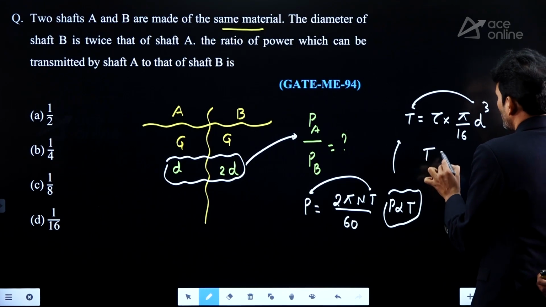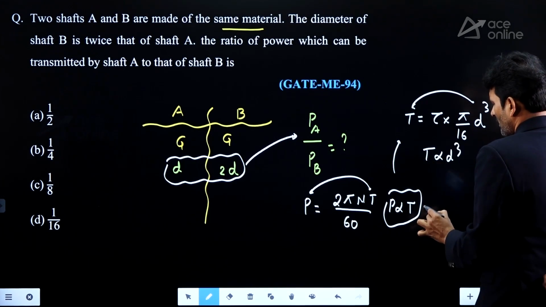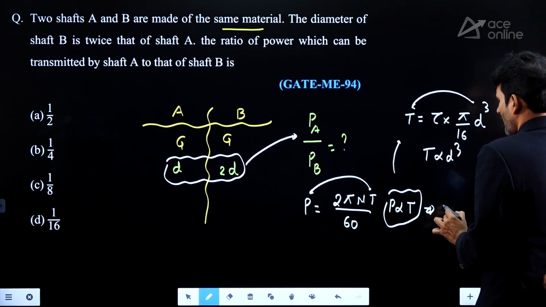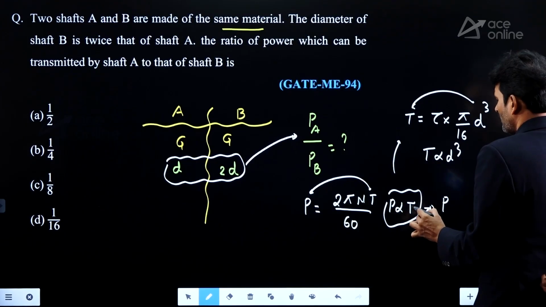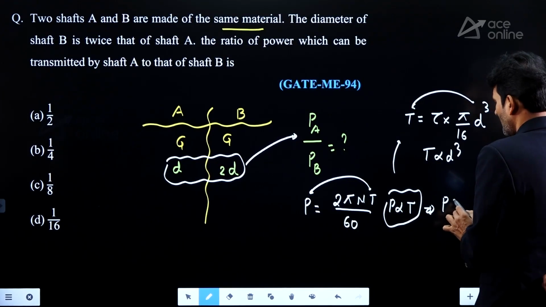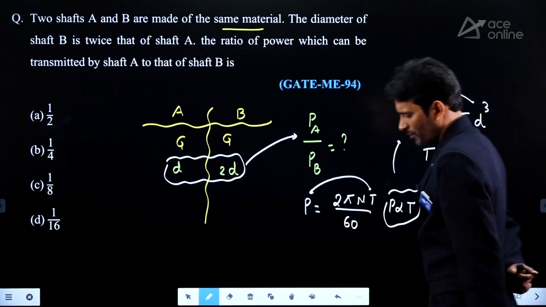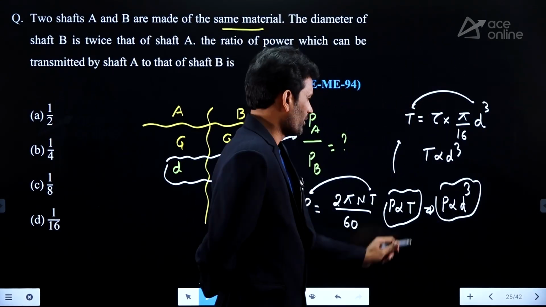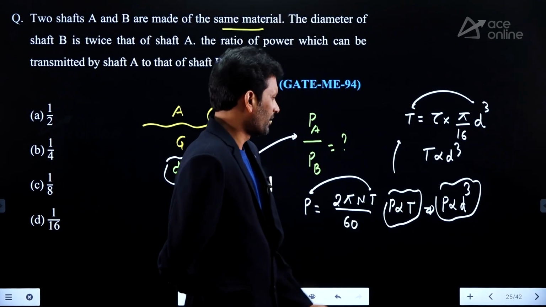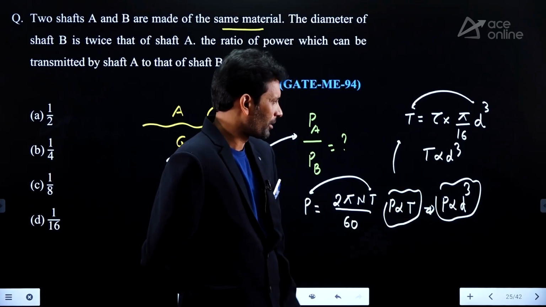From here, T is directly proportional to d cubed. As P is directly proportional to T, P is directly proportional to d cubed. This relation I am using because we are doing the changes for the diameter.